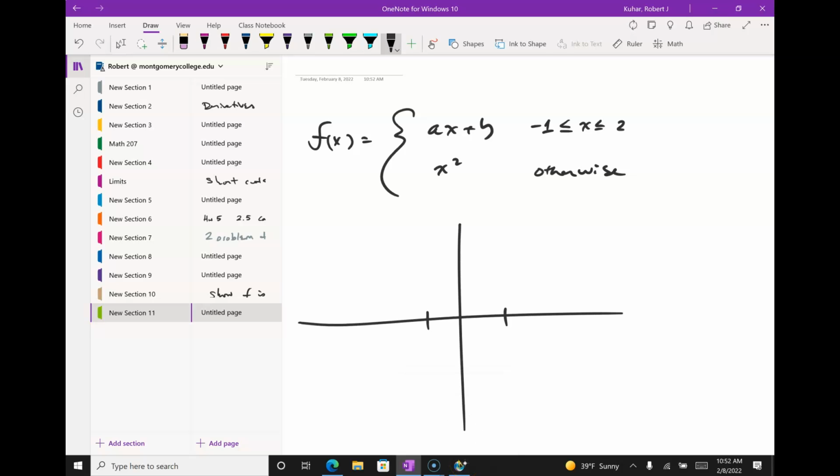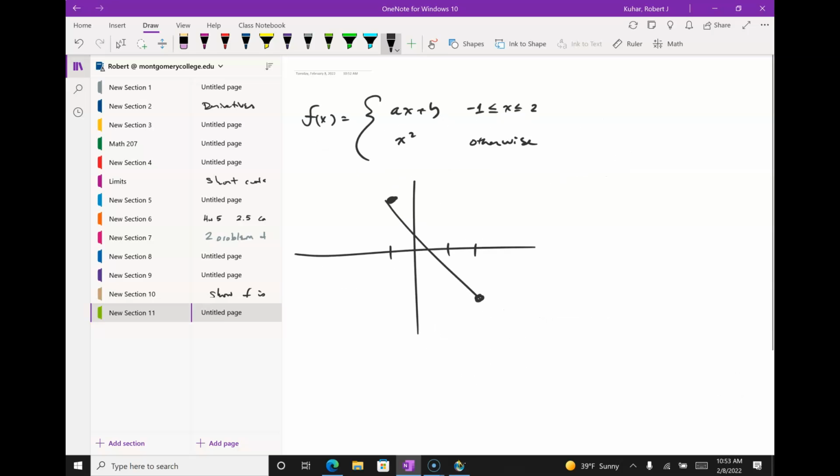So -1 and 2, I could have some line like this, right? I don't know. But what I'm really interested in is what the quadratic looks like at those points, right? So at 1, it hits a height of 1. It's going to be an open circle, sorry.